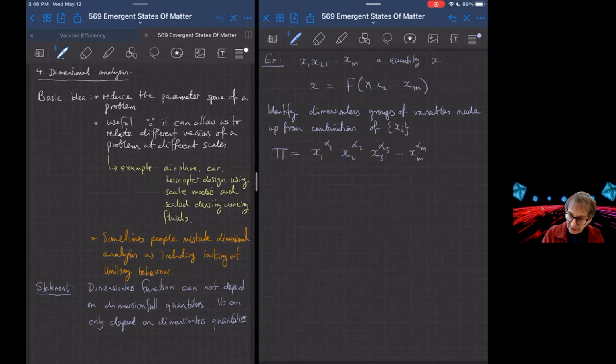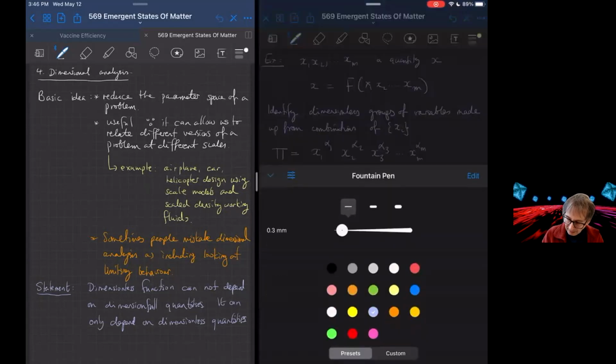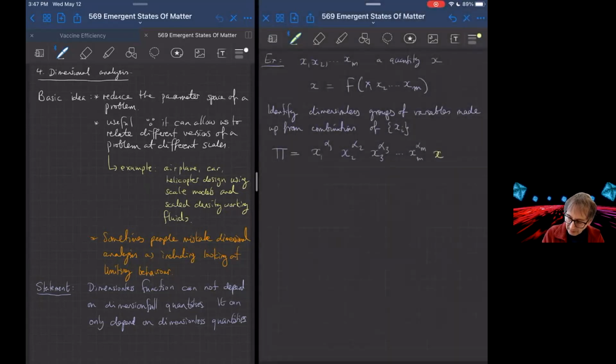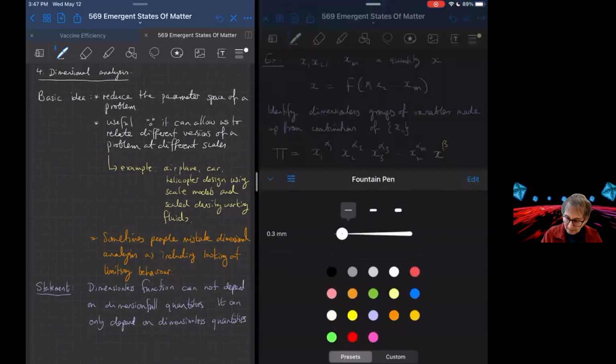And then for x itself, I'll add another factor, x to the power beta. So that might be one variable that we'll call pi.